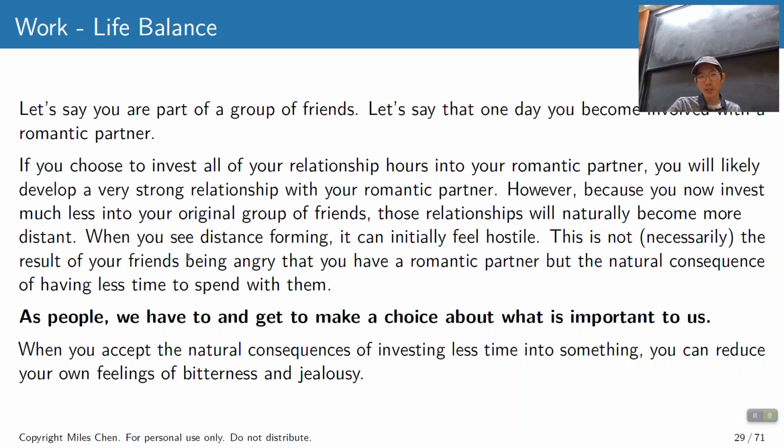Just a silly example again. Maybe you have a group of friends, and you put a lot of time and energy into your friends, and you're really close to each other, and then you get involved in a romantic relationship, and now you're spending a lot of time with your romantic partner, and you don't have as much time for your original group of friends.